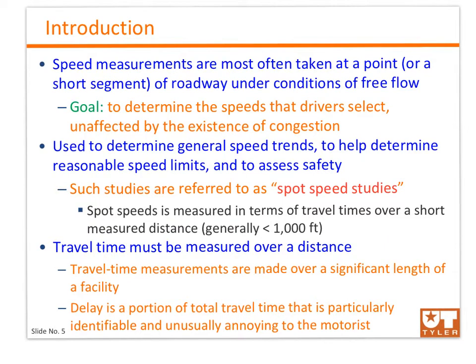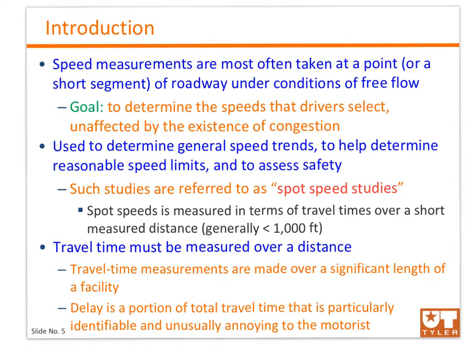When it comes to speed, measurements are often taken at a certain point or a very short segment of a roadway under conditions of free flow. The major goal to keep in mind while doing a speed study is that you need to determine the speed that drivers select, which is unaffected by any congestion.